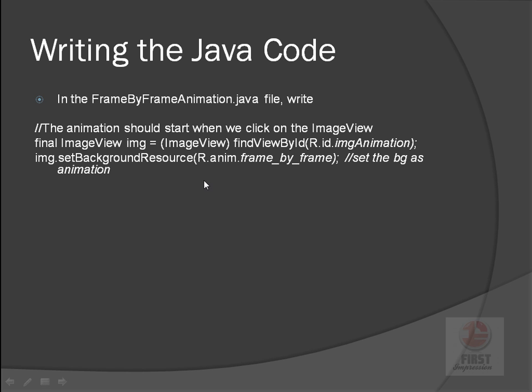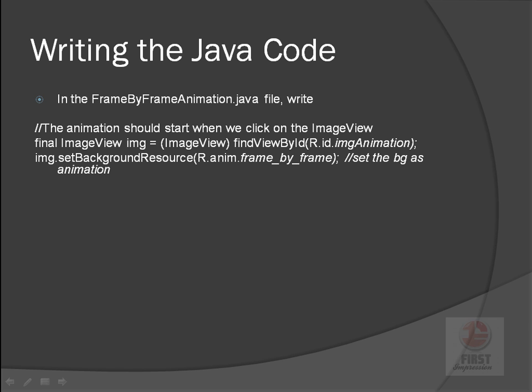In our case, inside the res folder, we had the anim folder. Inside the anim folder, we had the XML file named frame by frame animation. You can have your XML file name over here. So you will say img, that is the image view, dot setBackgroundResource, inside the res folder, the anim folder, and the name of the XML file. This will make sure that whatever frames you had, you have added all the frames one behind the other inside the image view.